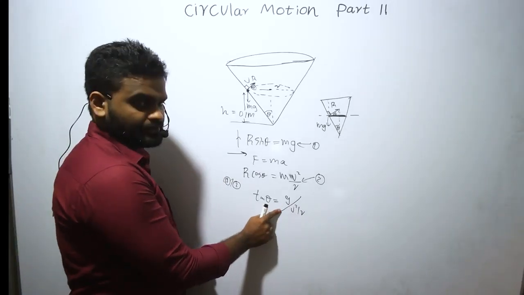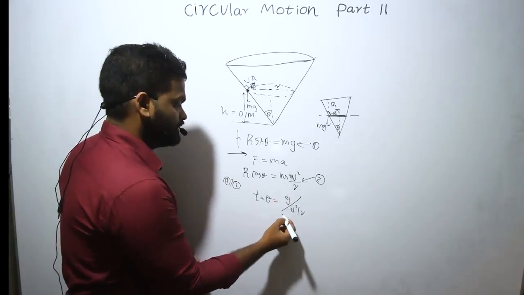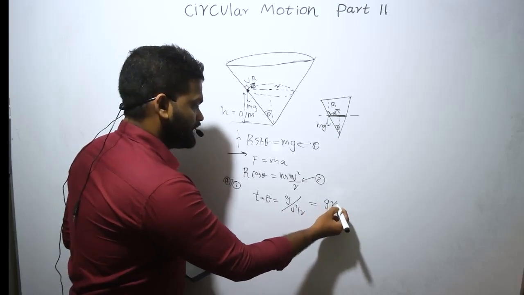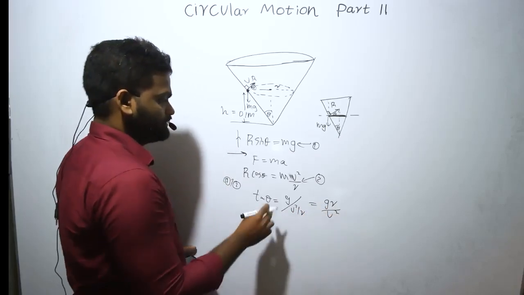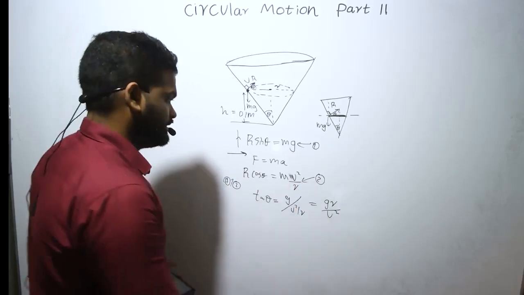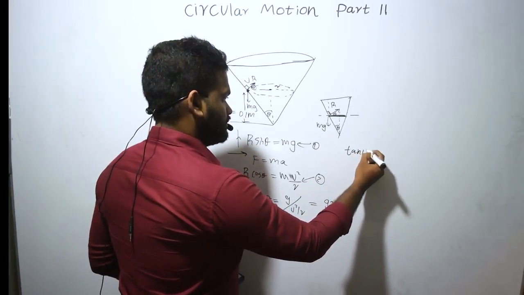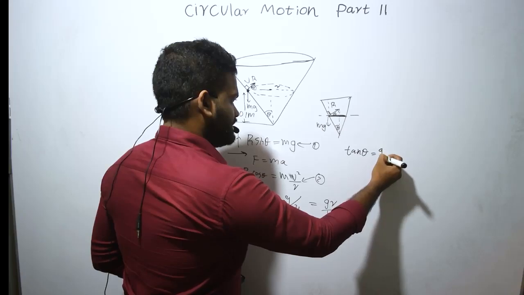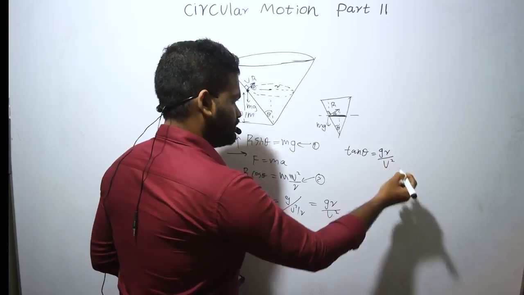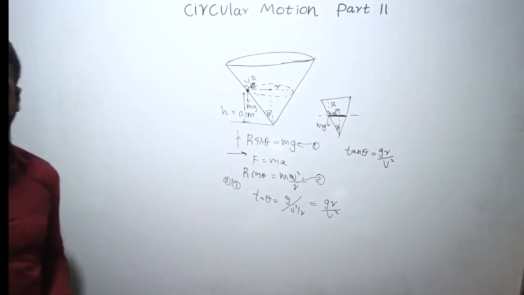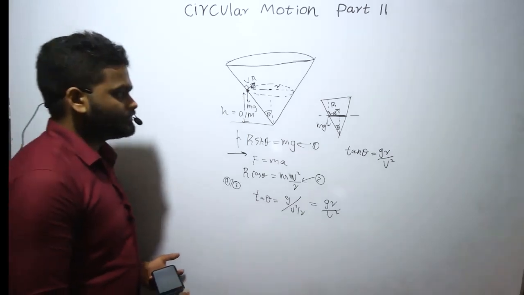This is the main division. So you get tan theta equal to g r divided by v squared, right?